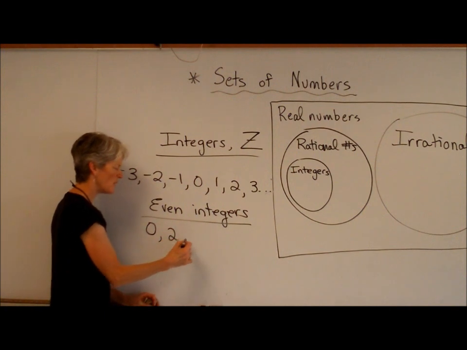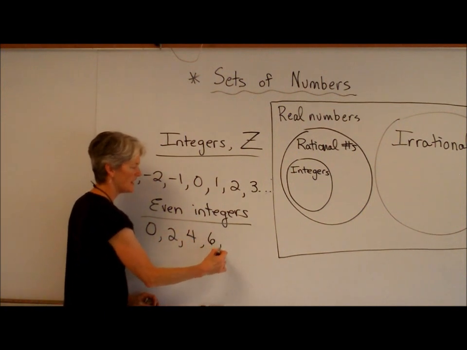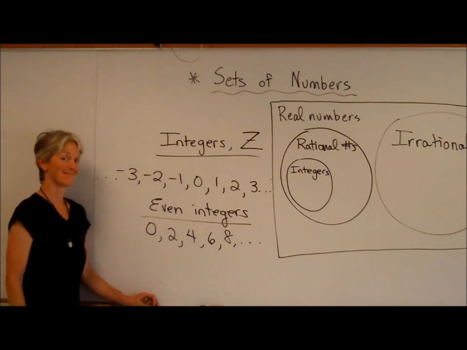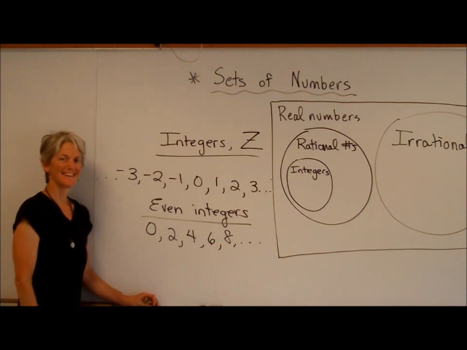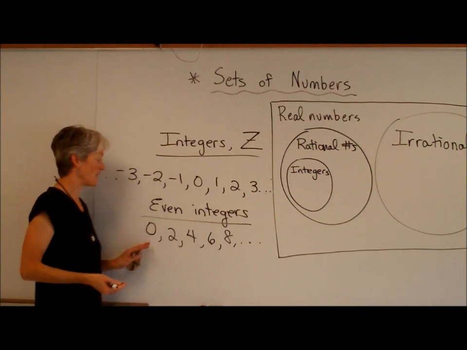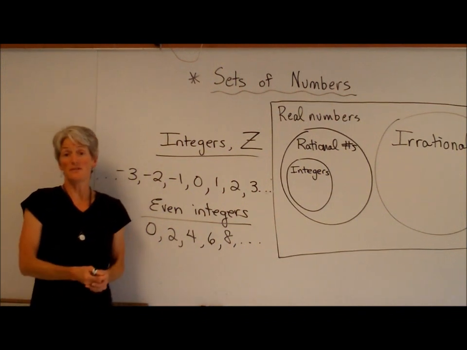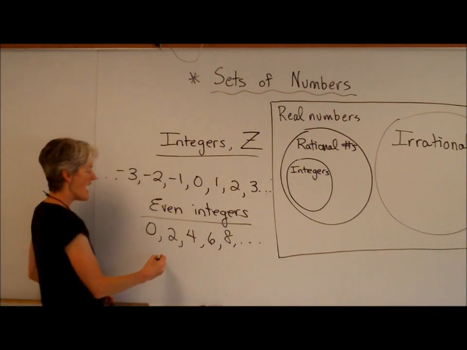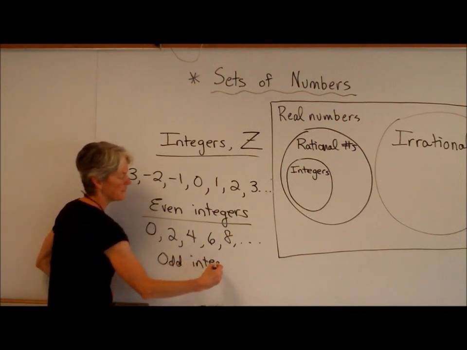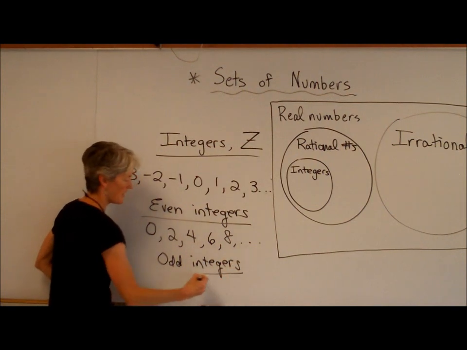Why is 0 an even integer? I guess when you divide by 2, you don't get a remainder. That's exactly right. An even number is just a number that is evenly divisible by 2, and 0 is. Odd integers. These are all terms that you pretty much know, but we're going to bandy them around a little bit this year.